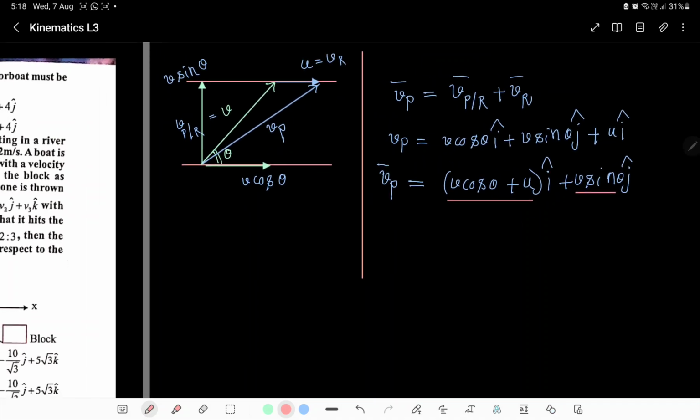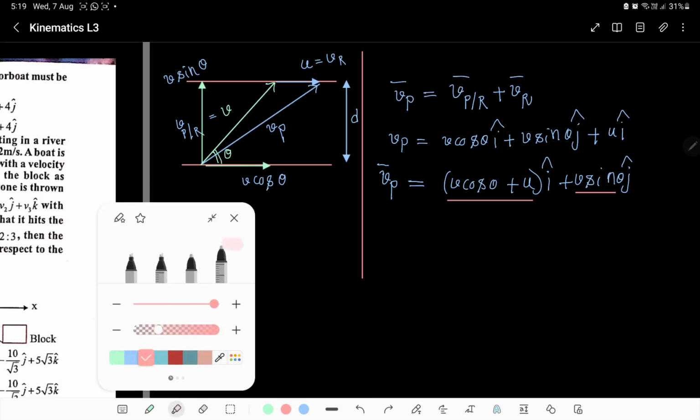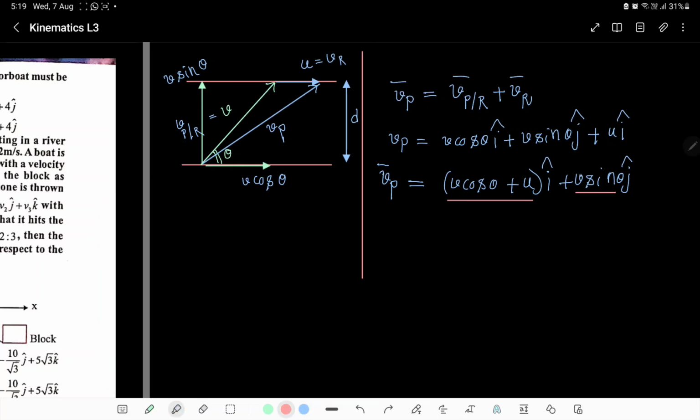So let's say this river has a width of d, which is already given in the question. Now to cross the river, he will use this component, v sin theta, because it is the component perpendicular to the river.